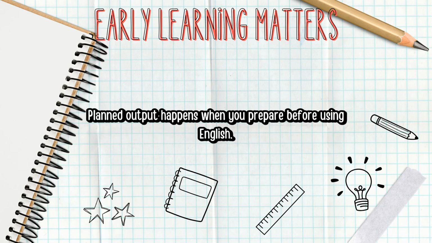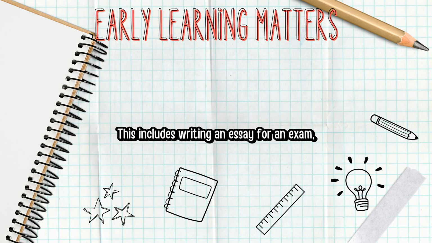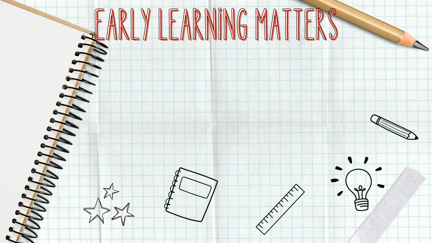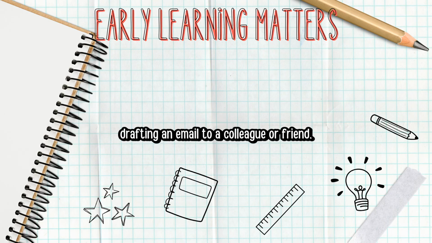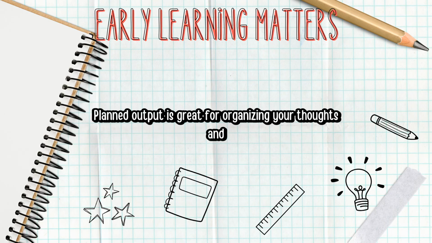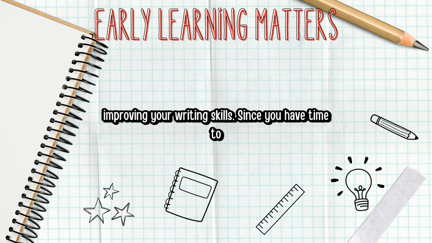Planned output happens when you prepare before using English. This includes writing an essay for an exam, preparing a presentation for work or school, drafting an email to a colleague or friend. Planned output is great for organizing your thoughts and improving your writing skills.